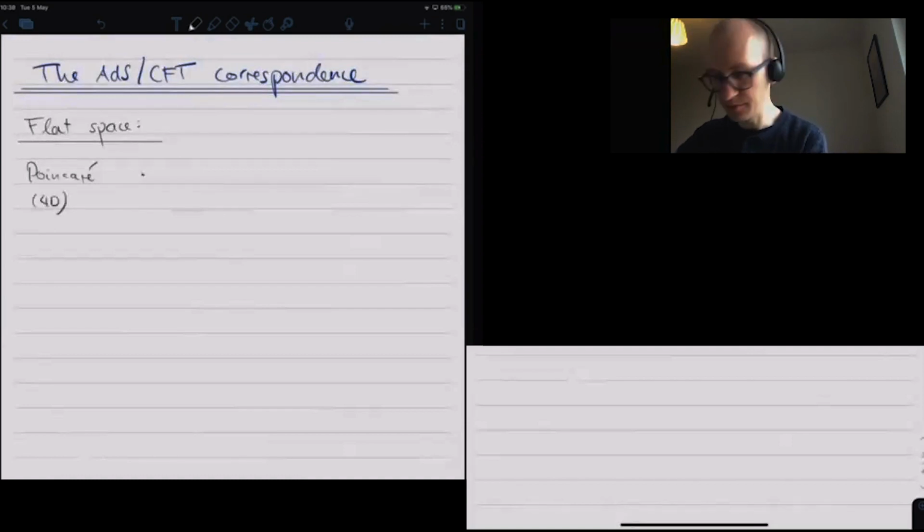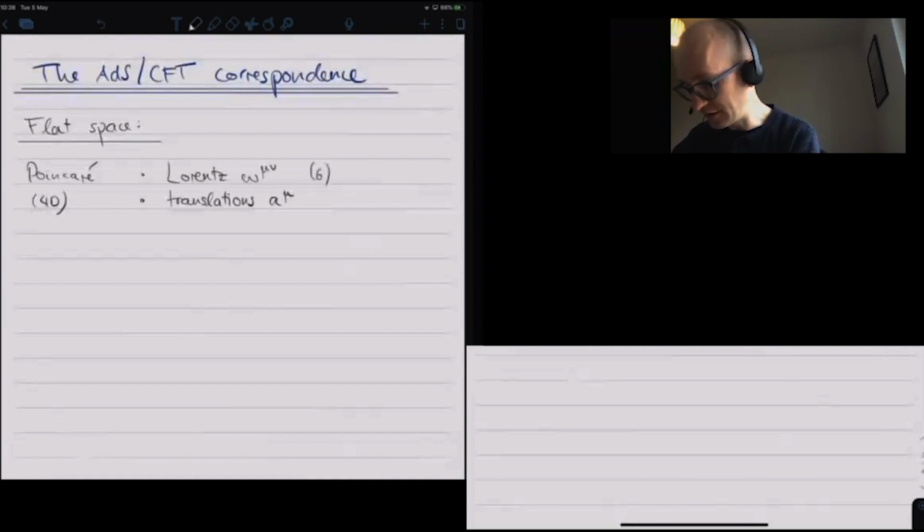And so what we had was our Lorentz generators, which we summarized as omega mu nu. We also had translations, which were this vector a mu. There were obviously 6 of those, and there are 4 of those. And this in total gave us the 10 isometries of flat space with signature 1,3.